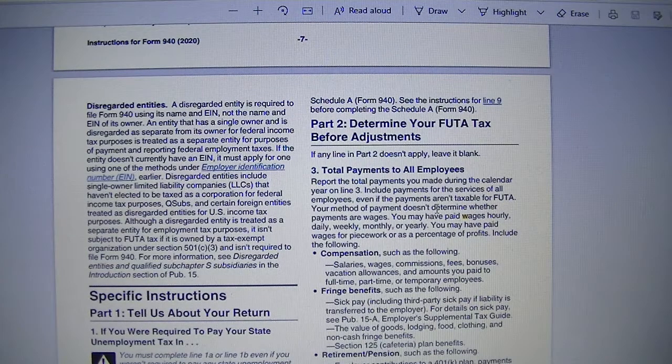Even if the payments aren't taxable by FUTA, your method of payment doesn't determine whether payments are wages. You may pay wages hourly, daily, weekly, monthly, or yearly. You may pay wages by piecework or as a percentage of profits, including the following. So you include all those payments.